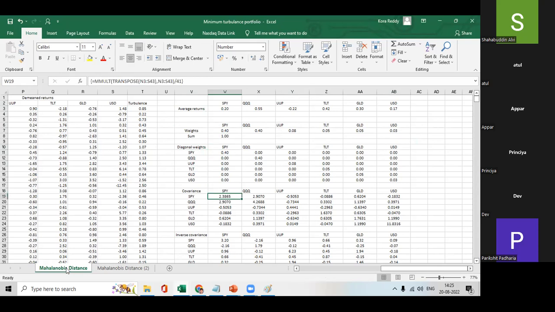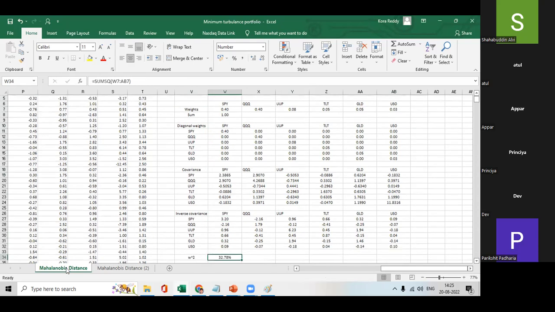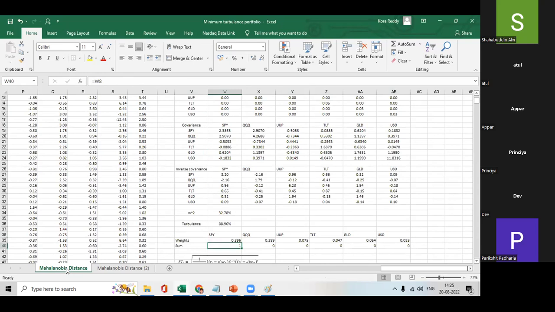Then covariance matrix, inverse covariance. Then you have the product sum, that is W squared, W power 2. Then you have the average of turbulence. This is turbulence.